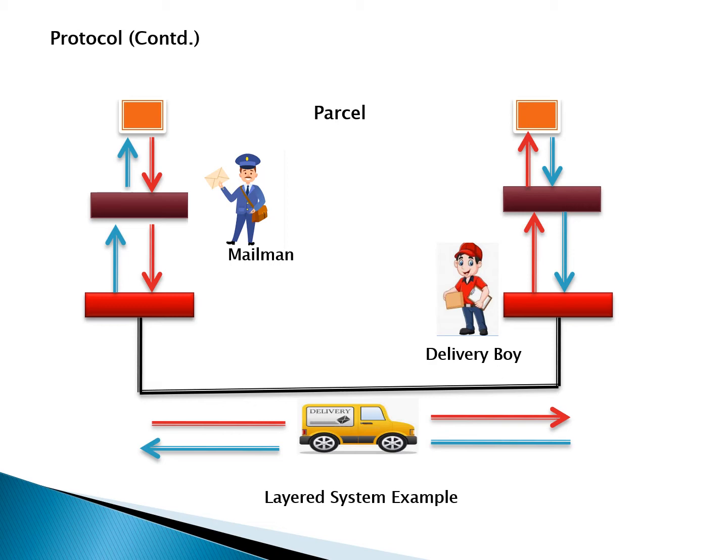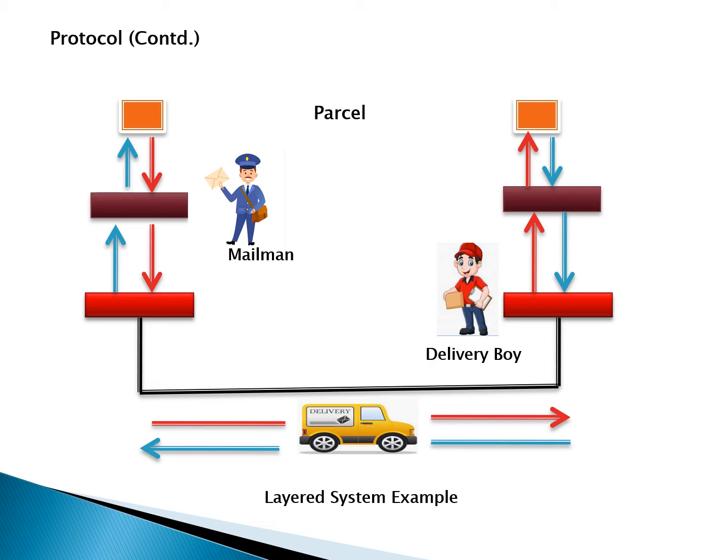At the remote office, the parcels are first received by the dispatcher and placed into a tray for the mailman. Then the mailman collects the parcels and delivers them to the recipients. You can easily see this process in the diagram.